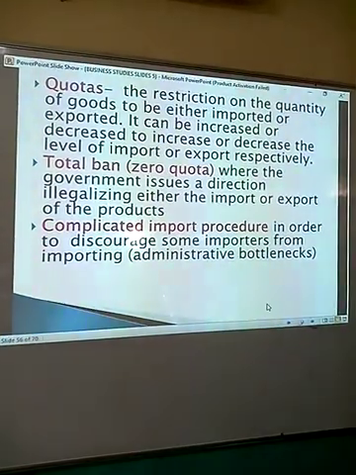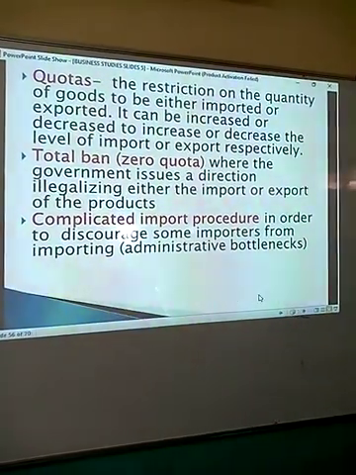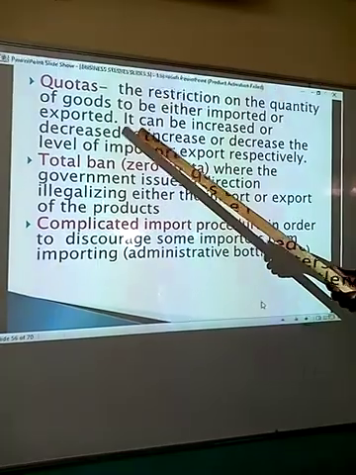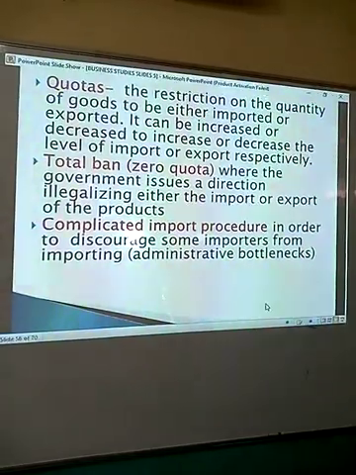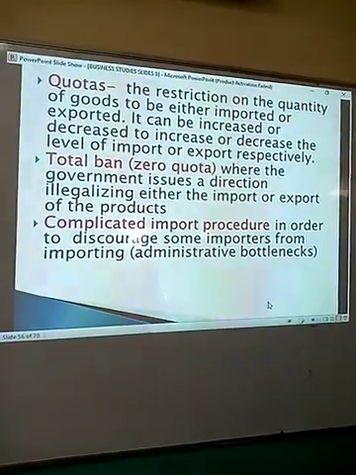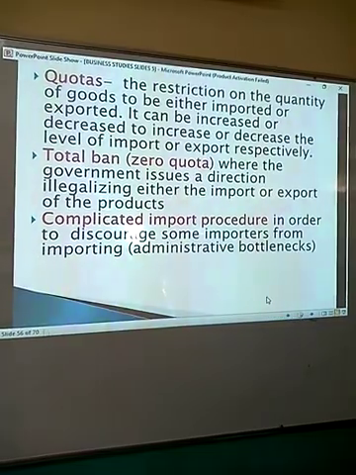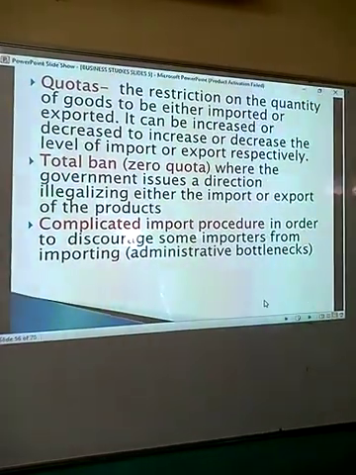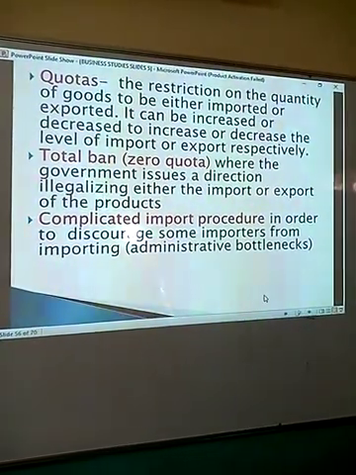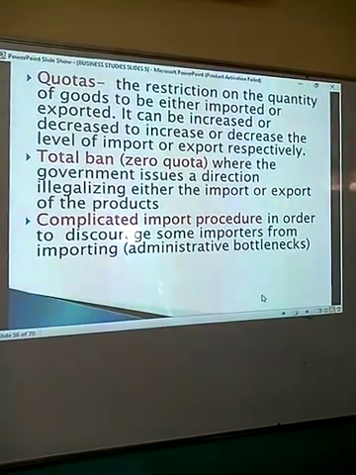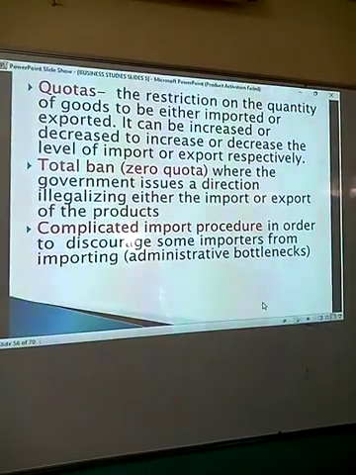Another way in which trade restriction can be done is the imposition of quotas. Now, what do we mean by quotas? Quotas refer to the restriction on the quantity of goods to be either imported or exported.